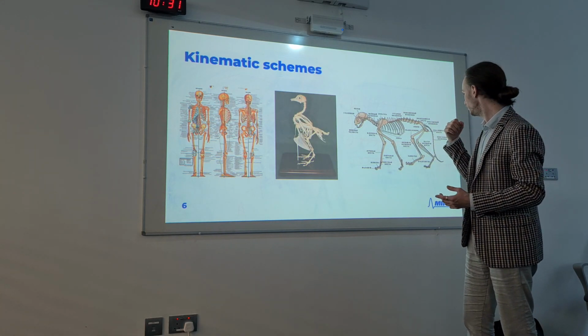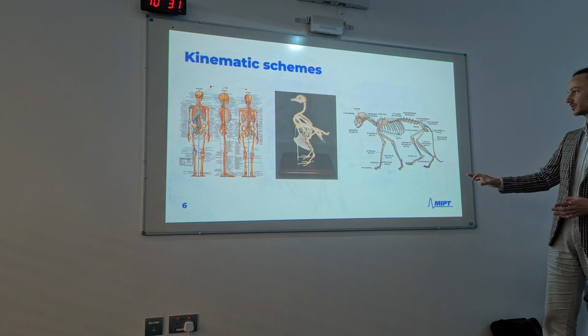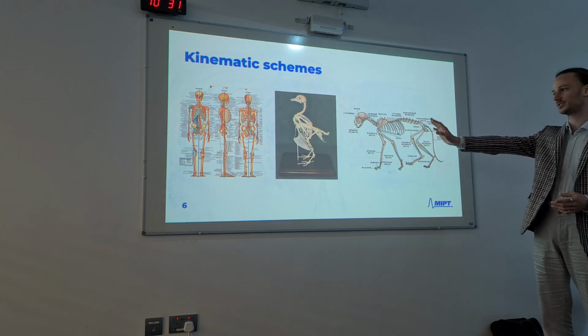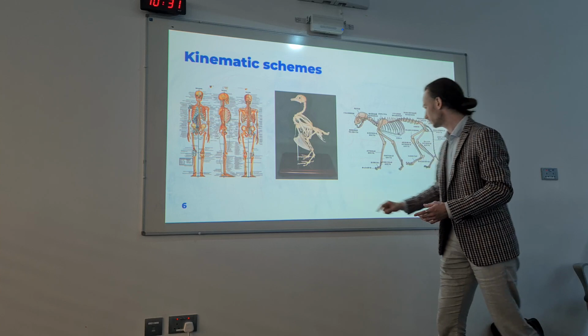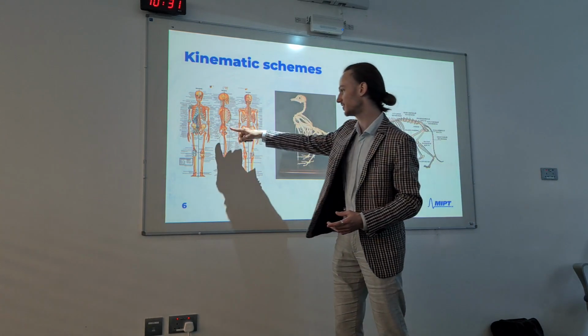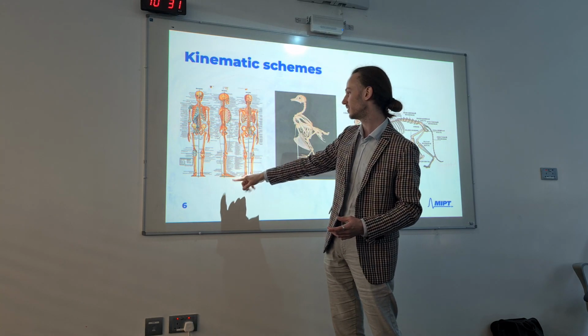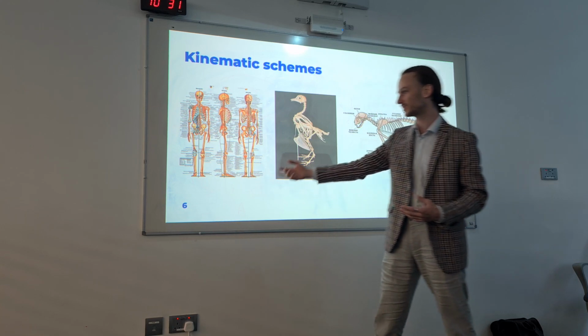But what I wanted to say is that you can see the same kinematic structure through all these three mechanisms. So this part is the same as this part, and actually it's the same as this part, but here in this picture it is in a different state.